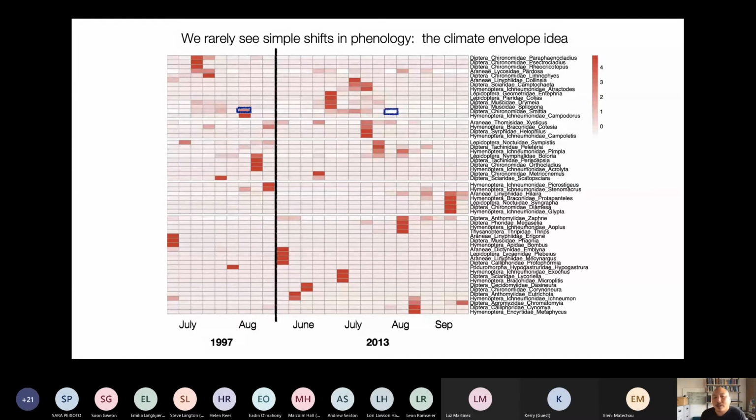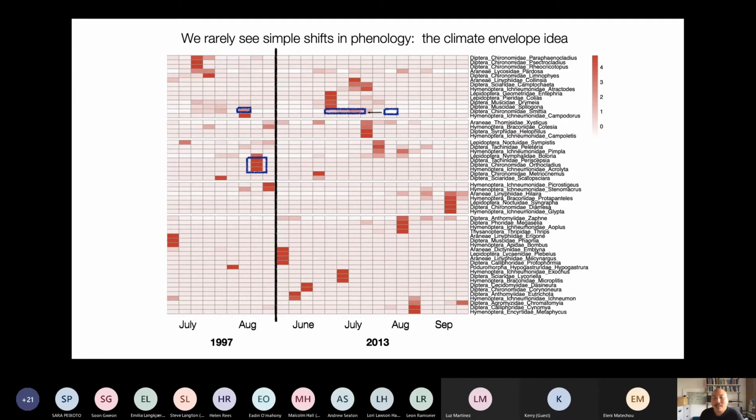And if you go to 2013 and go to early August, it's not got a biomass peak anymore. But as you can see, there's a biomass peak kind of in July. So that makes sense, right? There've been more degree days, it's been warmer. So this species of chironomid will emerge earlier and show some more activity earlier in the year. So that's what you would expect if you're just moving climate envelopes.